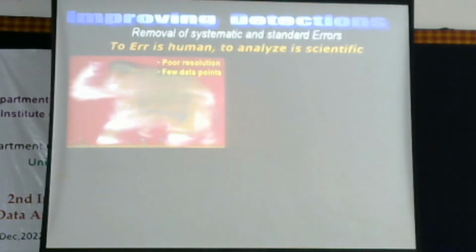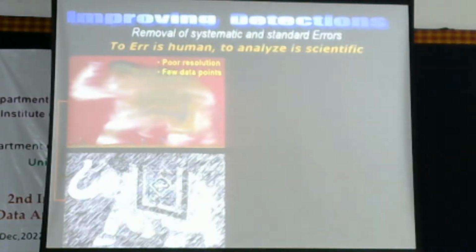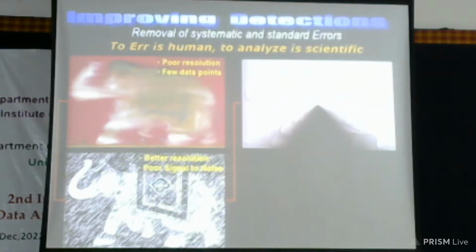So what you have is a poor resolution with your data points. Then you use techniques where I can improve and have a better resolution, but poor signal to noise. Then, further using techniques, I can improve the signal to noise, maybe by adding many more signals together, and after I improve the signal to noise, I can reconstruct the elephant so that I get a full picture of the elephant.